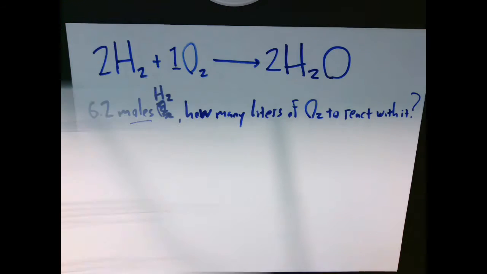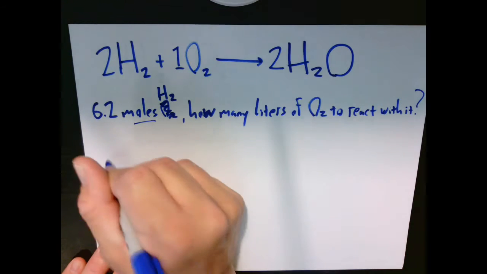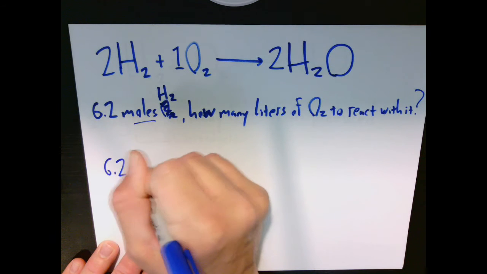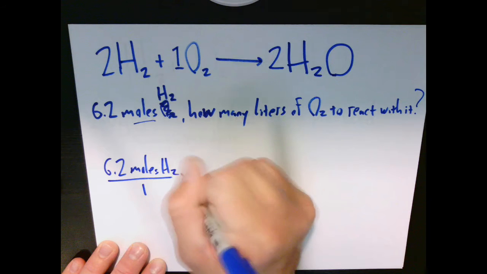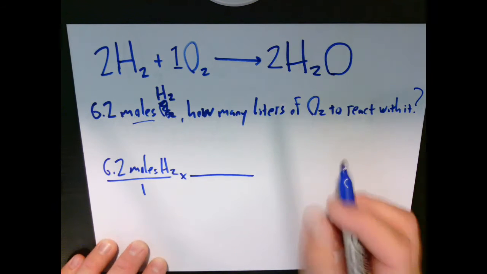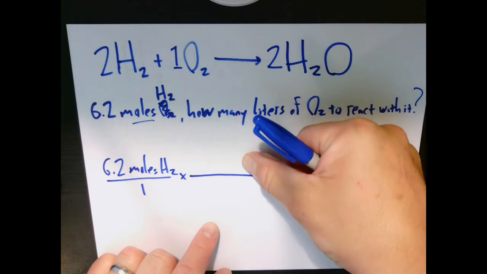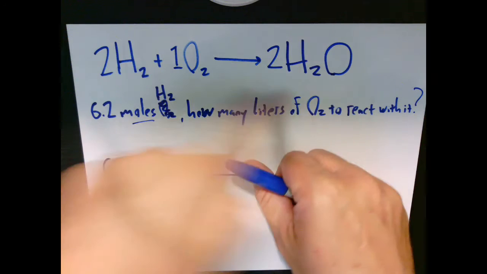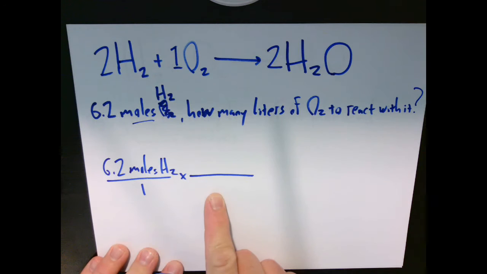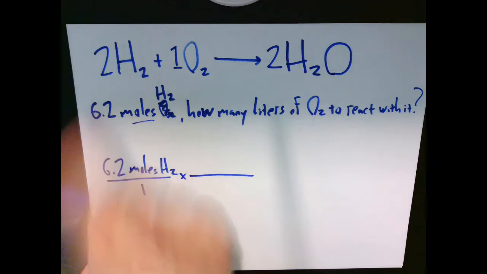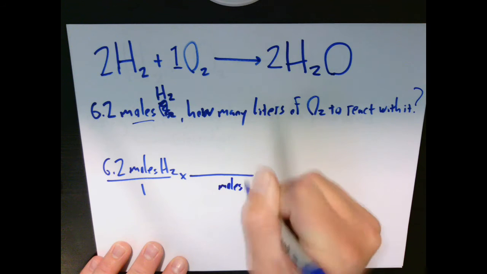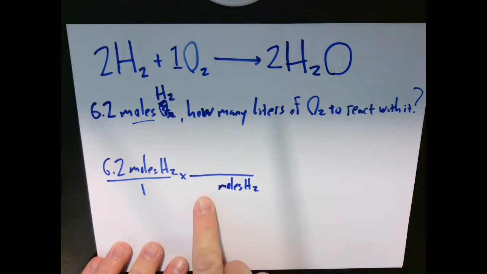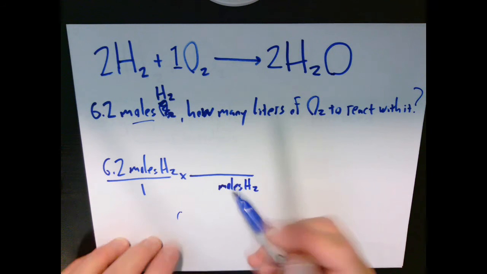Okay, so let's go ahead and set that up. 6.2 moles of hydrogen over 1, okay? And then the next fraction, moles of substance B, coefficient from the balanced equation, over moles of substance A, coefficient from the balanced equation, okay? So hydrogen goes in the denominator. It's because we want moles of hydrogen to cancel out.